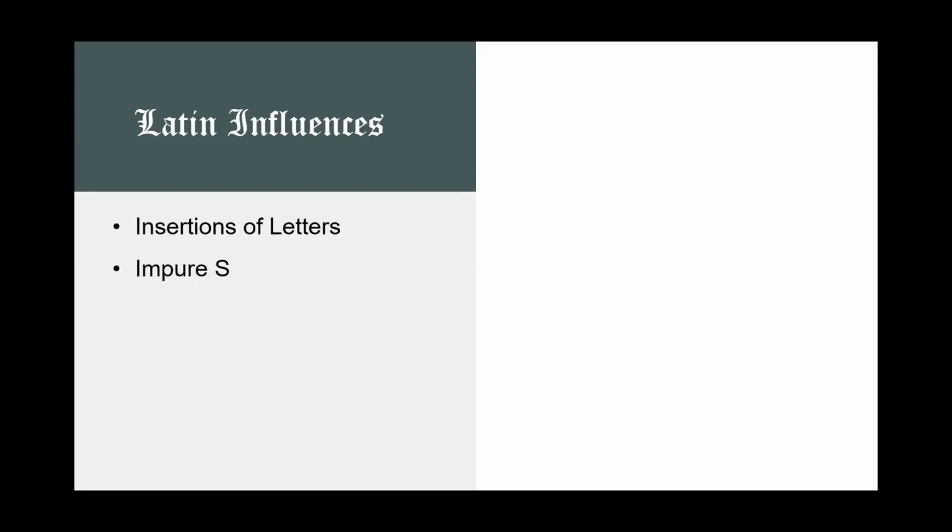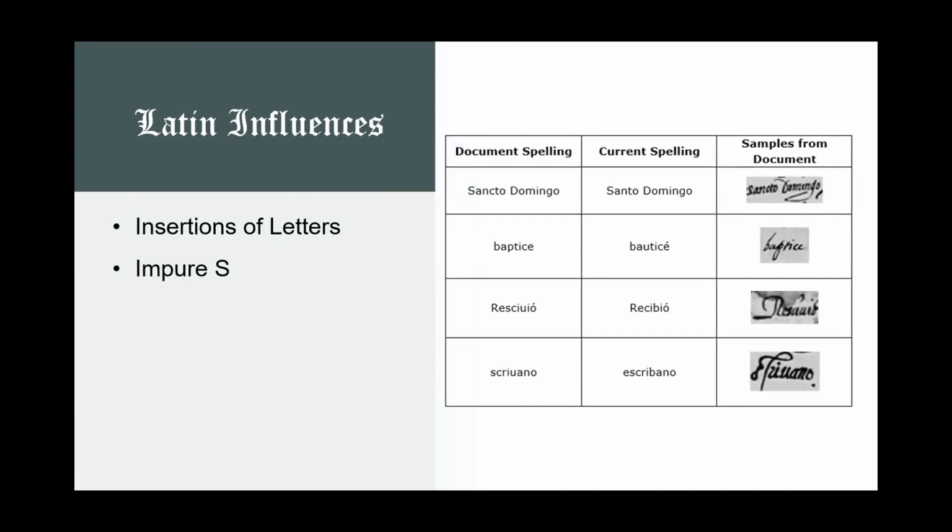So the first thing it's important to recognize is that there'll be insertions of letters and what's called an impure S. In the evolution of Vulgar Latin into Spanish, a lot of letters dropped out, especially consonants at the end of syllables.